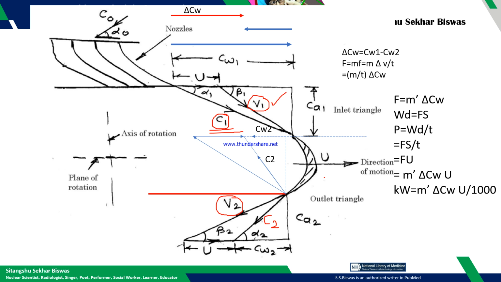And once motion is considered, the steam velocity becomes the relative speed, which is V1 at the inlet and V2 at the outlet. Once it started to rotate, with the effect of this V1, some reaction force is generated, and that also adds further torque to rotate the turbine.